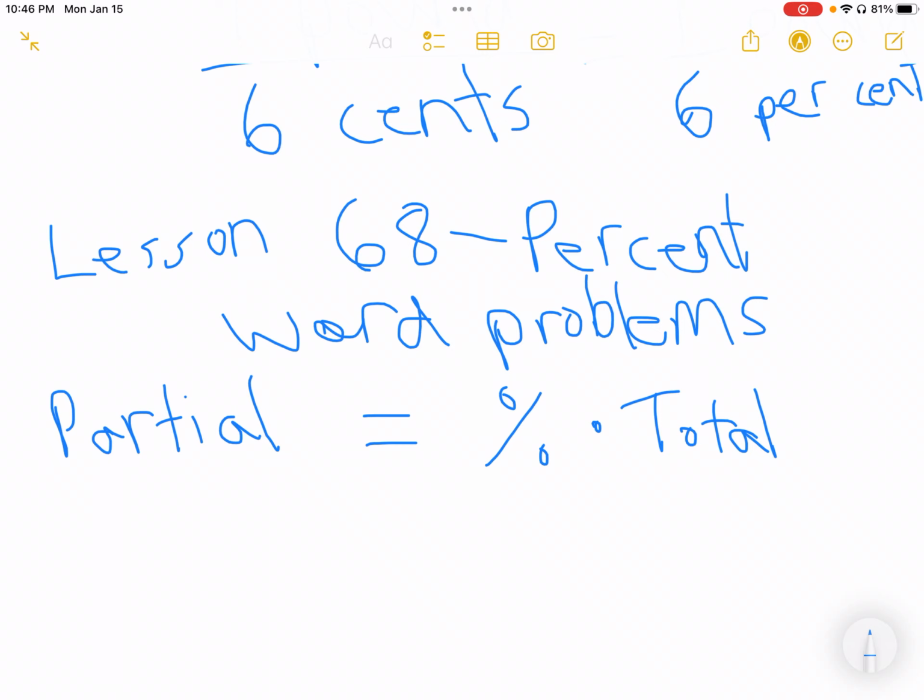I might abbreviate this as PA for partial amount, percent, multiplied by total amount. Very simple, but very important to make sure that it's clear, okay?